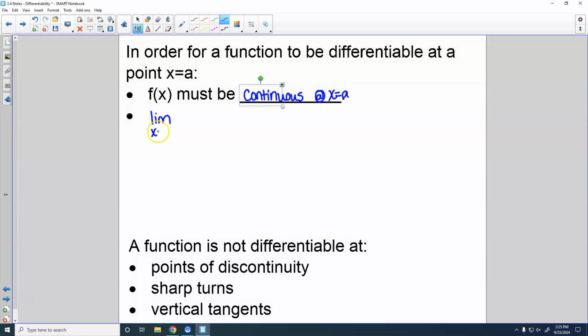The limit as x approaches a from the left of f of x minus f of a over x minus a has to equal the limit as x approaches a from the right of f of x minus f of a all over x minus a.